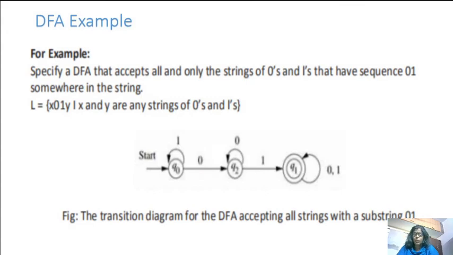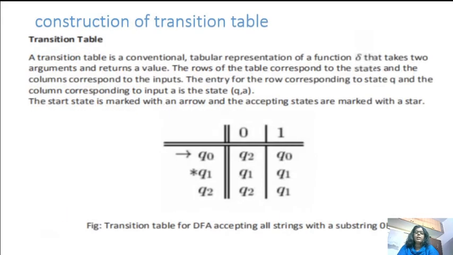How can you draw the transition table for this diagram? The transition table is a conventional tabular representation of the function delta, which takes two arguments and returns a value. The rows of the table correspond to the states.